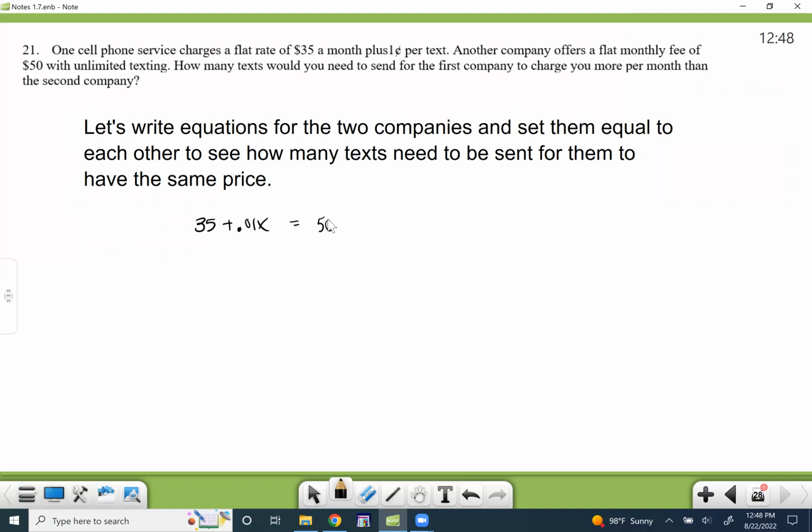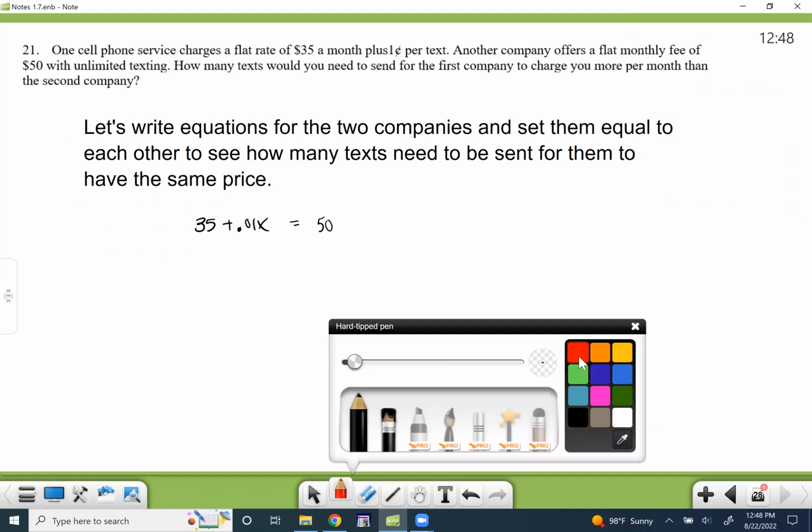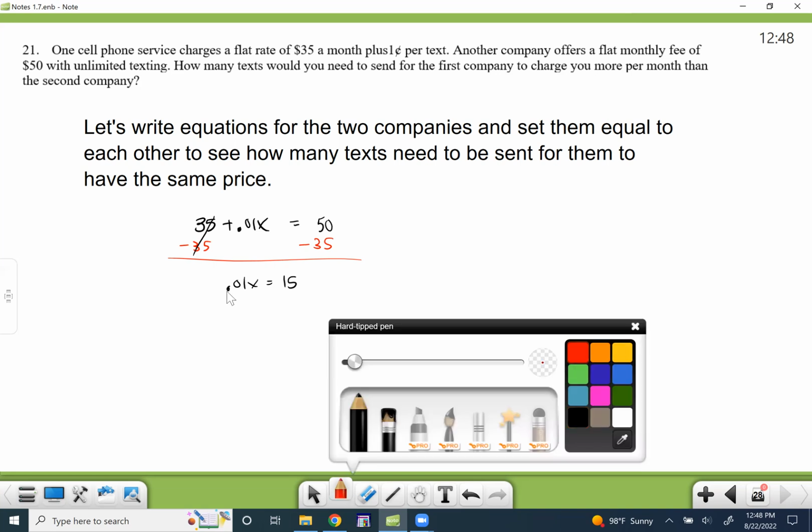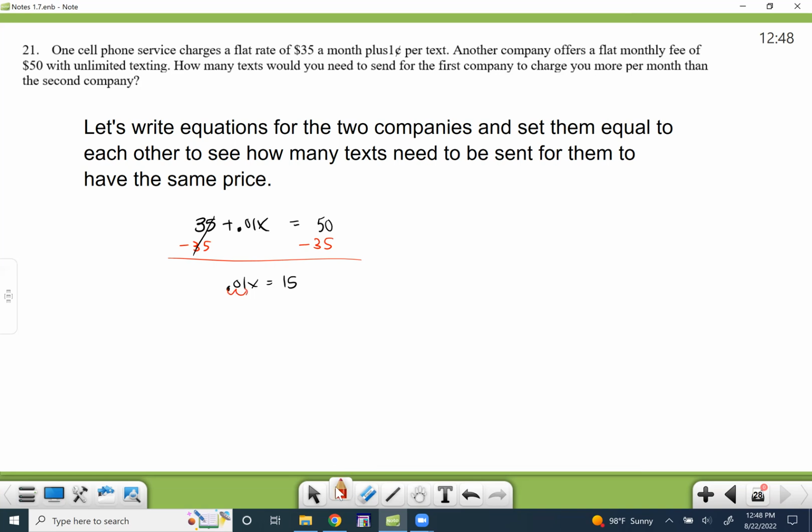So we've set the two companies equal to each other. Now we're going to go ahead and solve for X. So we'll start by subtracting 35 from both sides. And then we could just move the decimal place twice to get us 1x on this side, but you would have to move the decimal place twice here to get you 2 extra zeros.